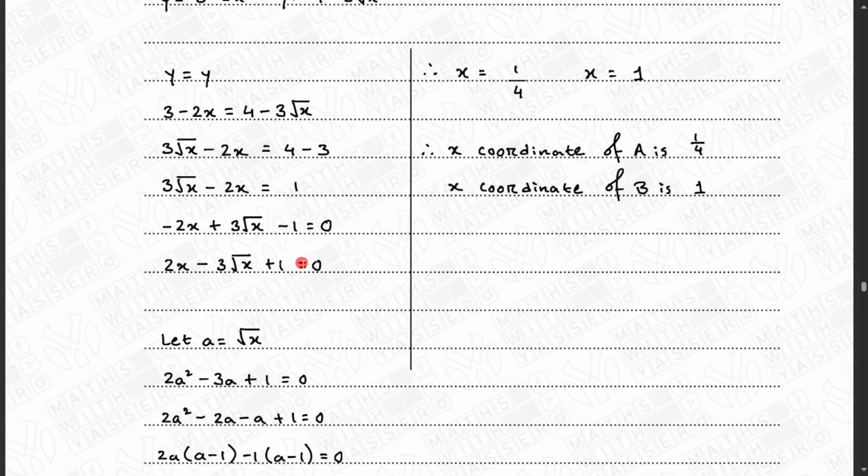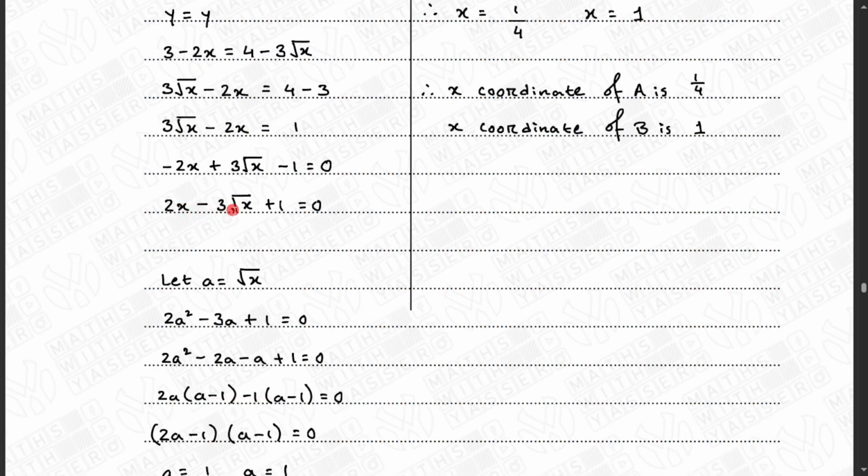Now this can be a little tricky, but the more you solve, the more you know, and we can clearly see that we can form a quadratic equation with the help of this. And how we can do that is by letting a equal root x.